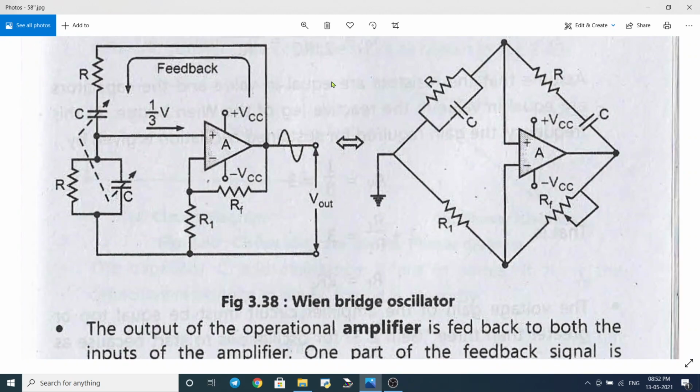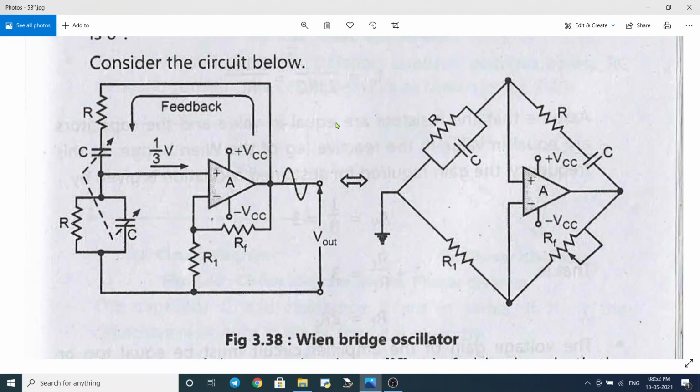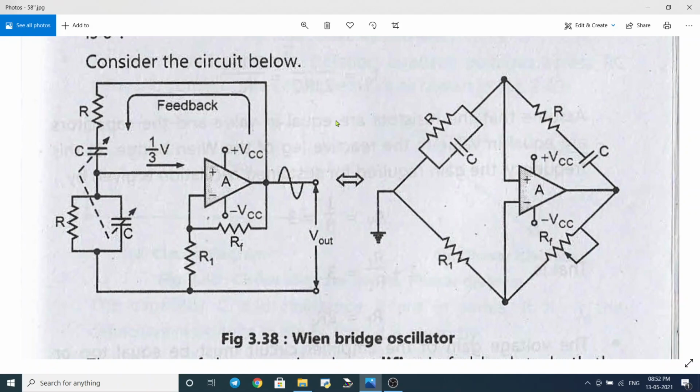So this is the circuit diagram. We can draw the circuit diagram like this or like this. Same diagram, we can draw any one. It is better to draw this diagram, but if you want to see it in a bridge circuit form, we know a 4-arm bridge.